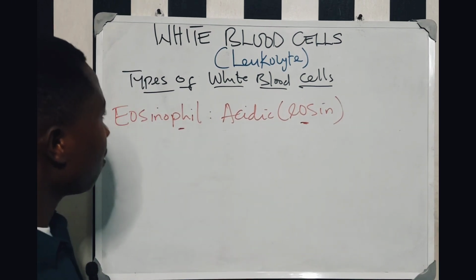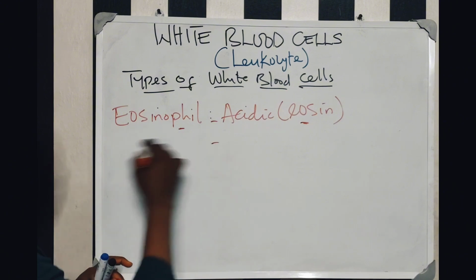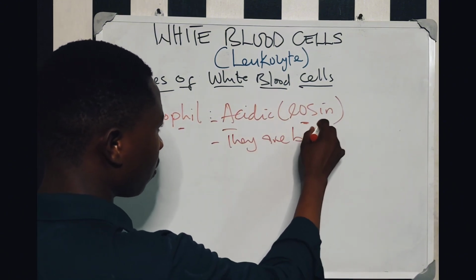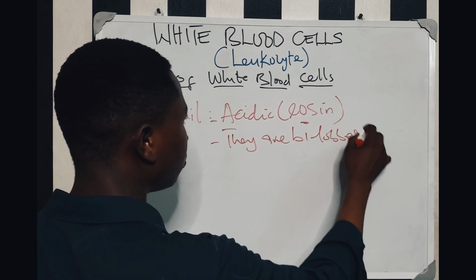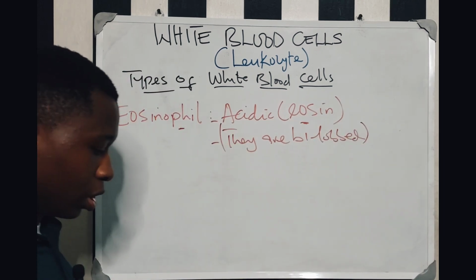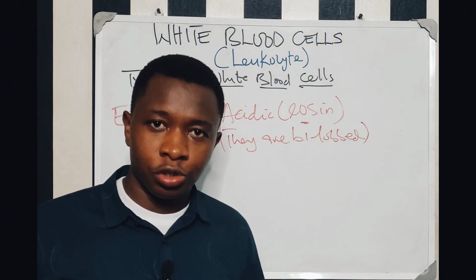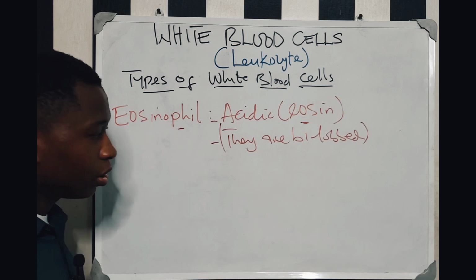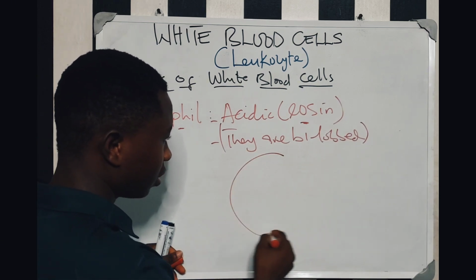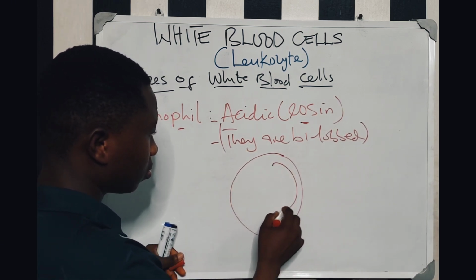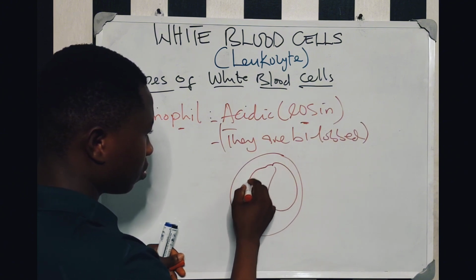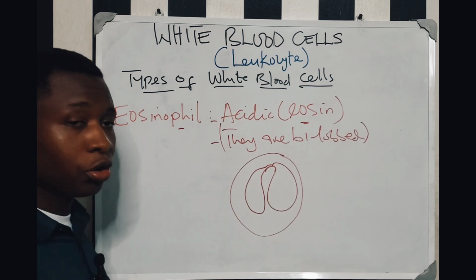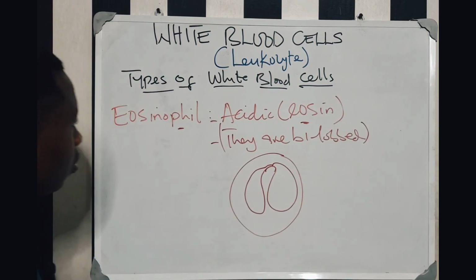Now, another feature of the eosinophil is that they are bilobed. So the nucleus is divided into two. You can have structures like this. They are bilobed nuclei.